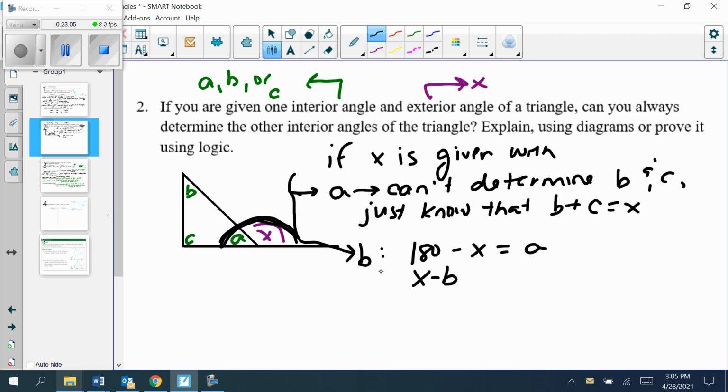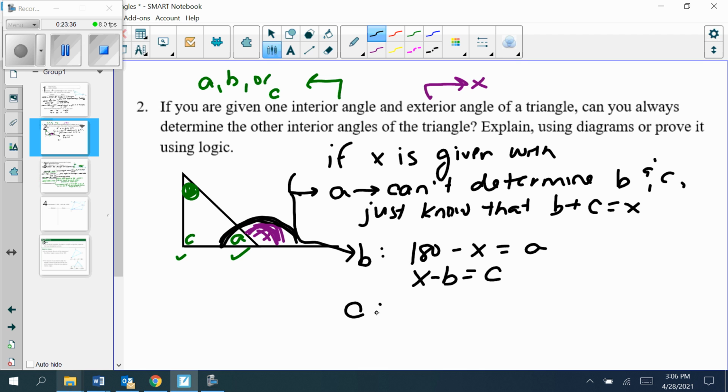It's telling us right here we know B, will get us our value for C. So if we're given an exterior angle like this, and we're given B, we can figure out A, and then we can figure out C as well. We also could have done 180 subtract A, subtract B, multiple ways that you can get to there. And then C is kind of the same idea as B.